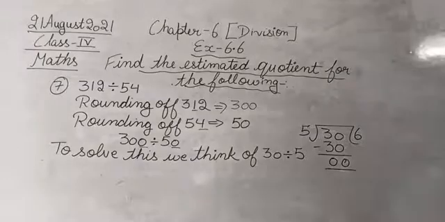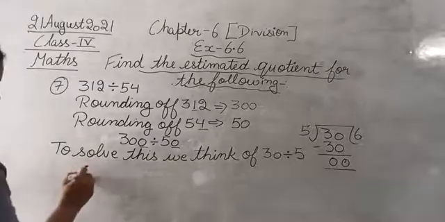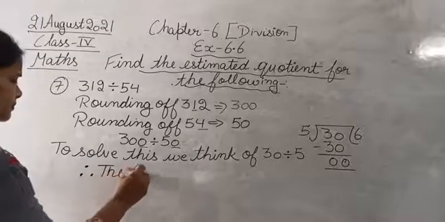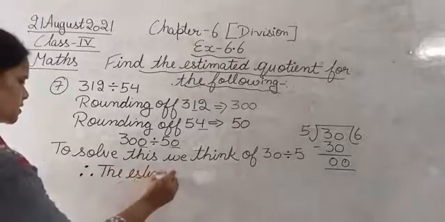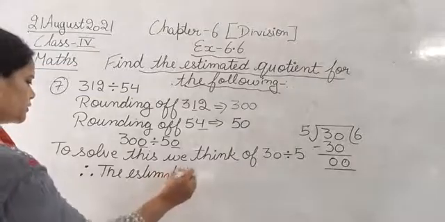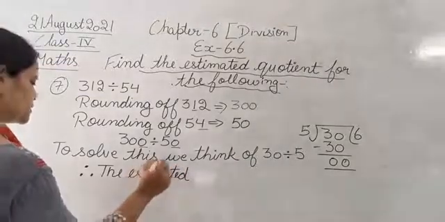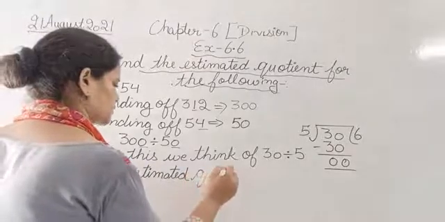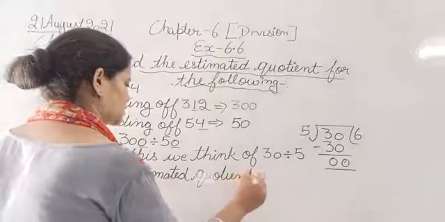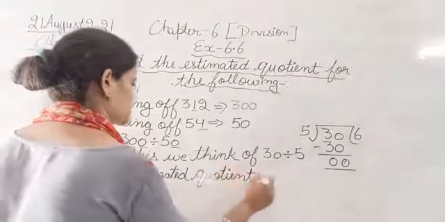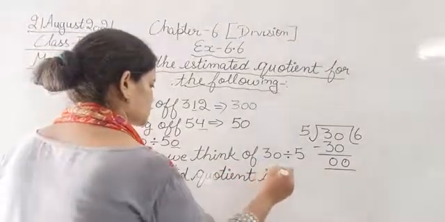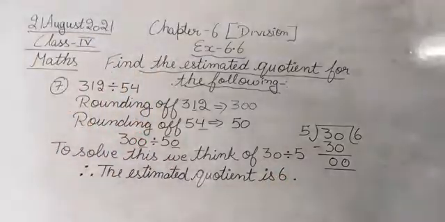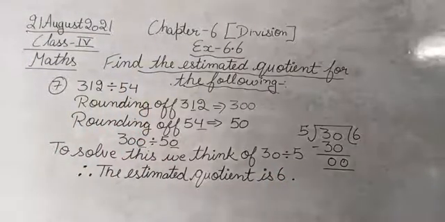So write down the statement. Therefore, the estimated quotient is 6.